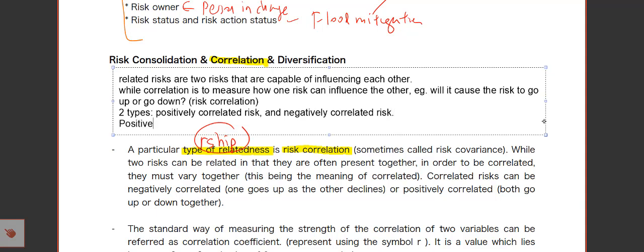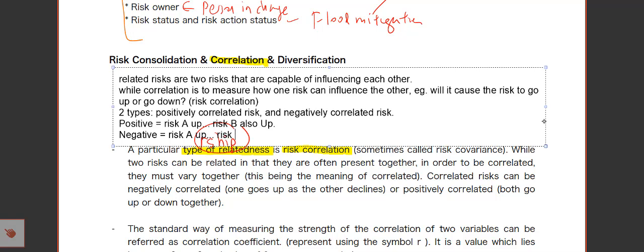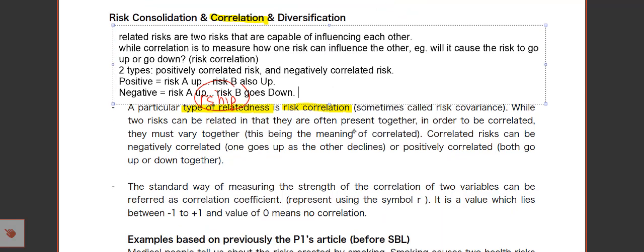Okay, if positive, we are basically saying risk A up, risk B also up. Now, negative means risk A up, risk B goes down. Okay, and this is actually a very important thing to do risk management.